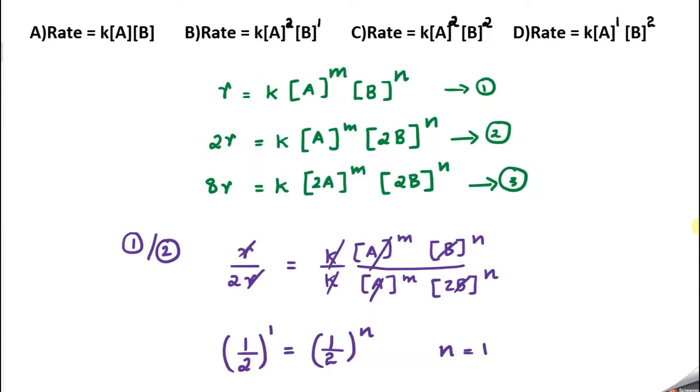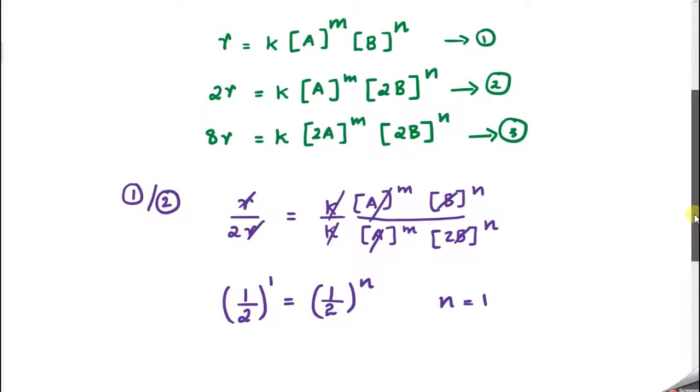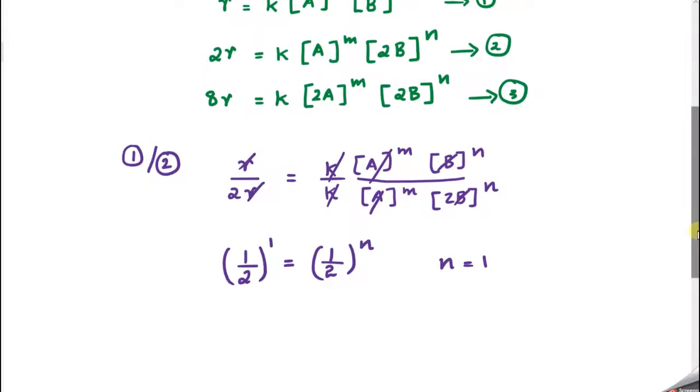Now similarly, we will try to find A. Let's see how to do that. To get A, we can compare equation 2 and 3. So divide equation 2 by equation 3.